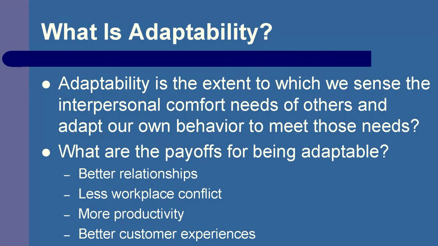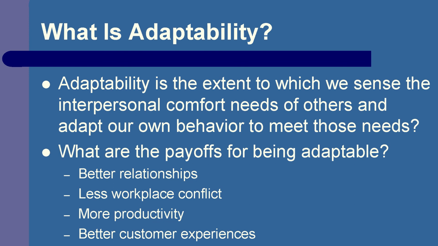I want to talk with you a little bit about the concept of adaptability. So if you take a look at page 6 in your handout, you're going to see what's going to be up on the screen for you. And I want to start just by talking a little bit about the concept of adaptability.